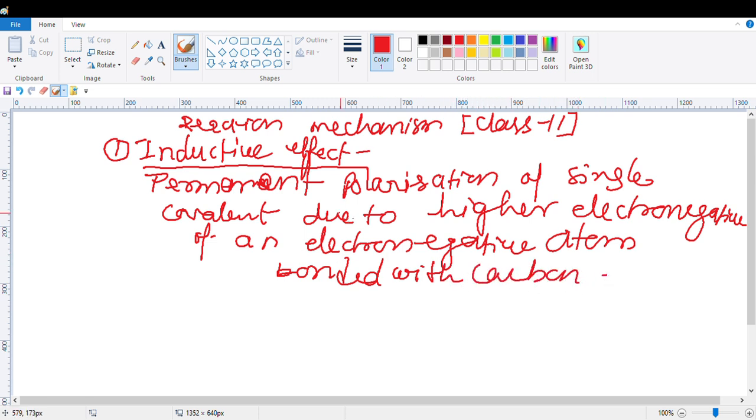So due to higher electronegativity of an electronegative atom, that should be more electronegative.